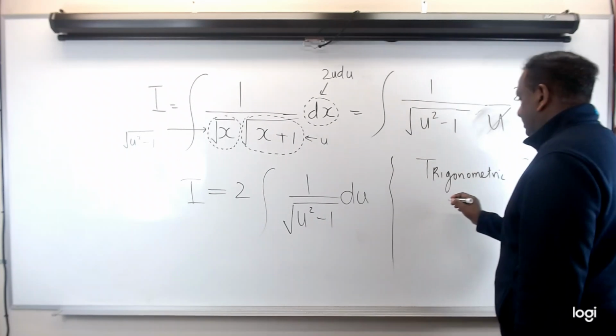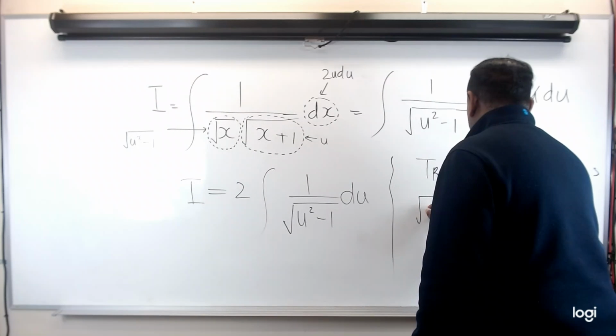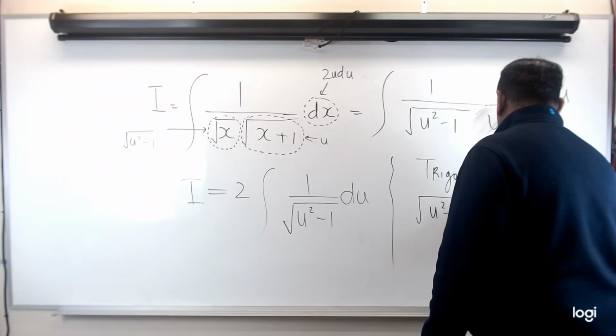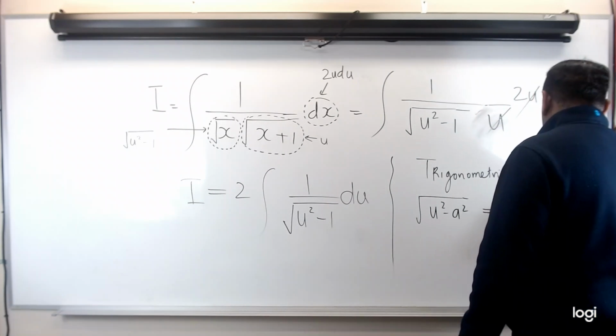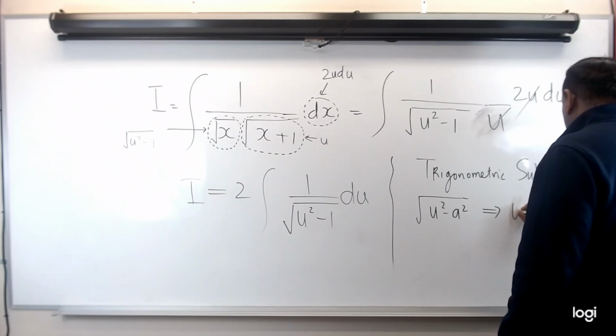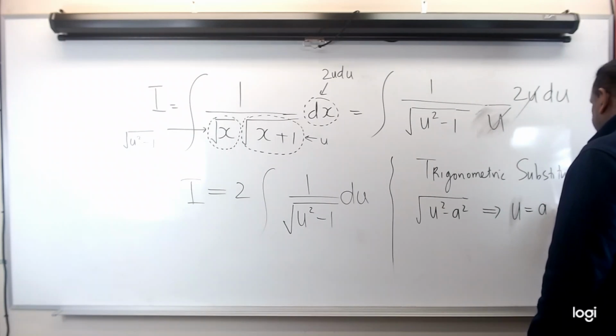What are those? If you have something like u squared minus a squared, u can be replaced by a secant theta.